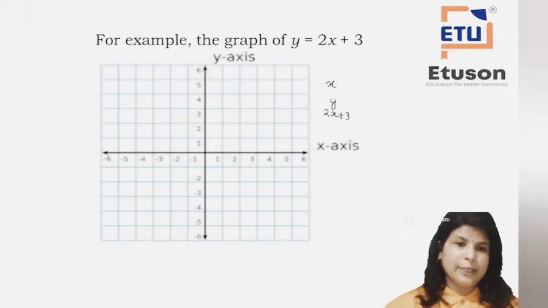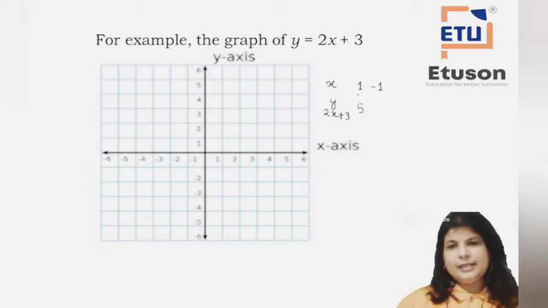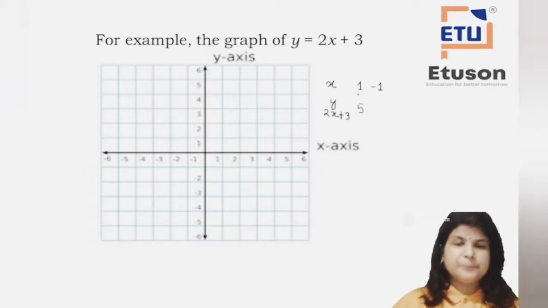So for example, when x is equal to 1, what will be the value of y? That will be 2 into 1 plus 3, that is 5. Correct or not? Okay. Suppose I take x is equal to -1. What is the value of y here?